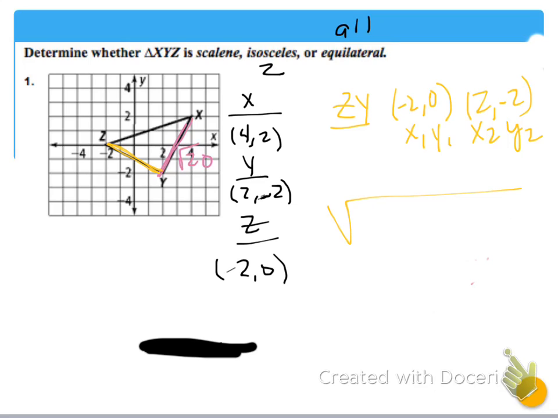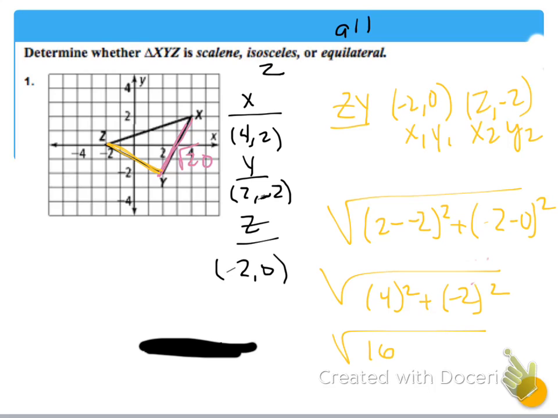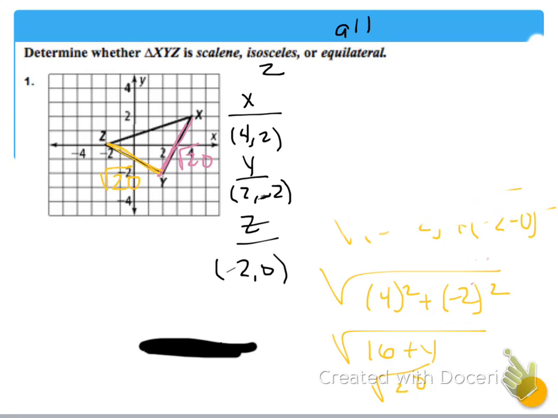So the square root of x2 minus x1 plus y2 minus y1, those are squared. So I have 4 squared plus negative 2 squared. So 16 plus 4. This is now the square root of 20, so I now have at least an isosceles triangle because I have the square root of 20 twice. And isosceles triangles have two congruent sides, so I at least know the possibility could be isosceles. So now I just have to check that last side.